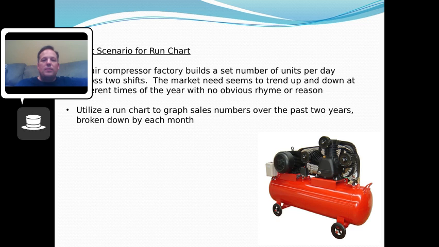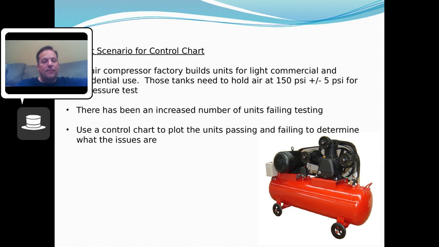There's no busier time of the year that really is easy to predict. So we're going to utilize a run chart and graph the sales numbers over the past 2 years and the sales numbers moving forward into the future, broken down by each month. So on our horizontal axis, we will have the month, and then on our vertical axis, we will have the number of sales. We'll be able to trend it that way.